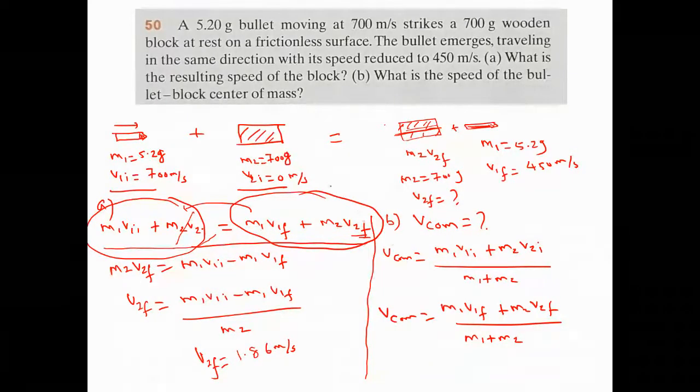Now if you substitute the value in the first equation, you will get the answer of 5.16 meters per second. If you substitute the value here also, you will get 5.16. So either you can consider before hitting or after hitting, and you will get the same answer for the speed of the center of mass. Clear?